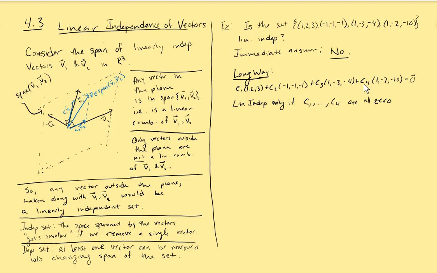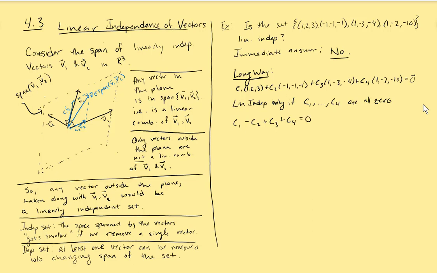So let's take a look. Let's see how we would solve this system. Usual setup. Equating components, we get C1 times 1, really minus C2 plus C3 plus C4 must be 0.